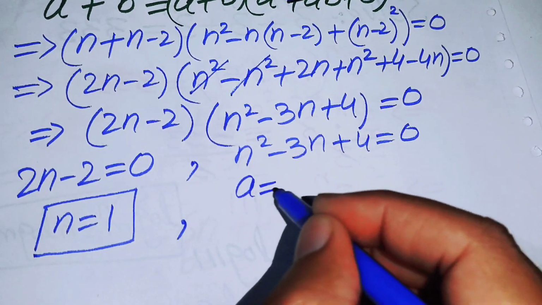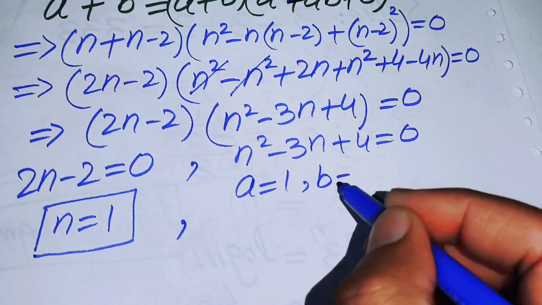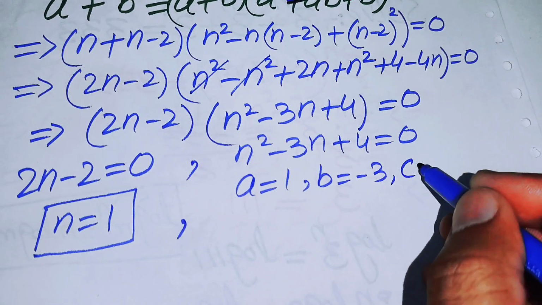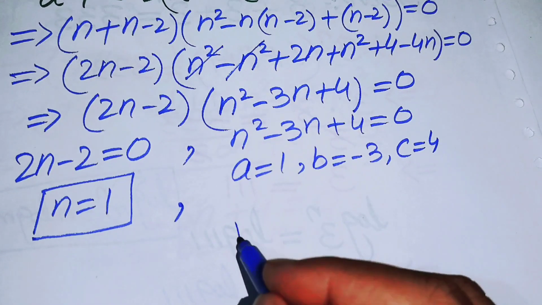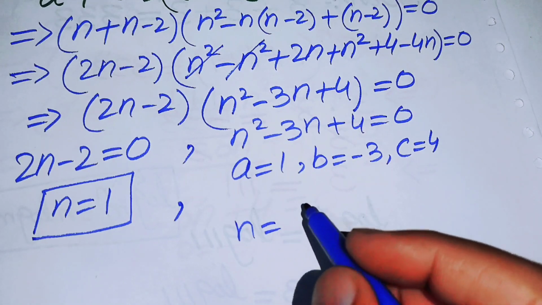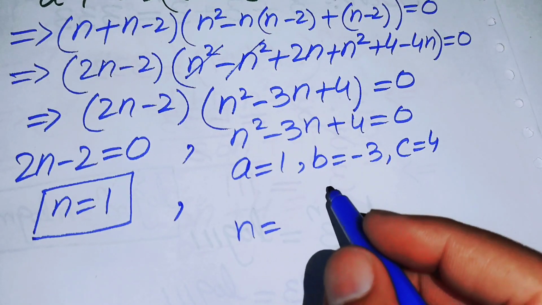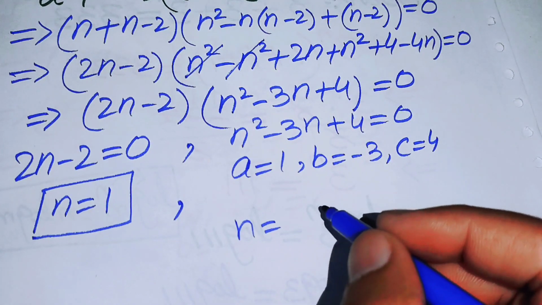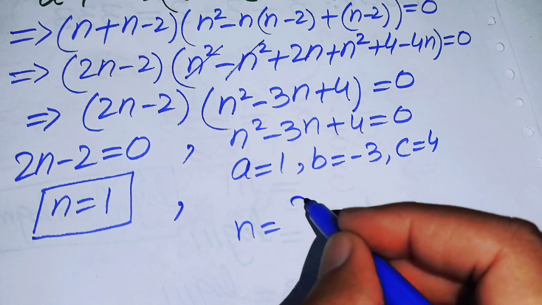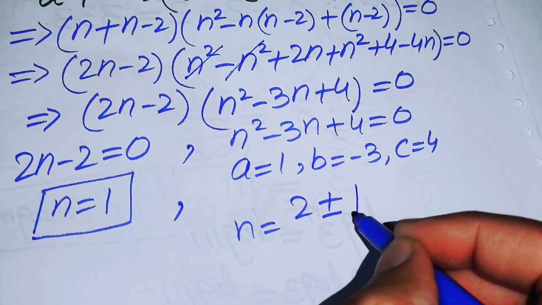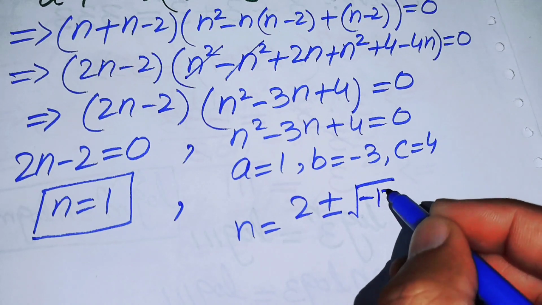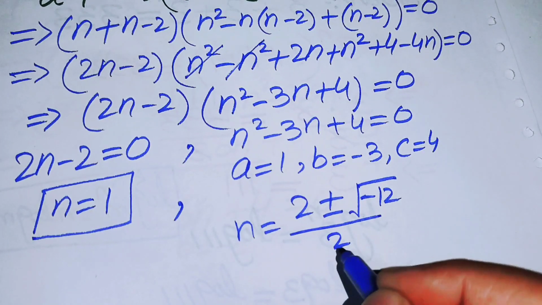So here we have a equal to 1, b equal to minus 3, and c equal to 4. And now I can put these values directly in the quadratic formula, and you will get, after some simplification, 3 plus minus the square root of minus 7 over 2.